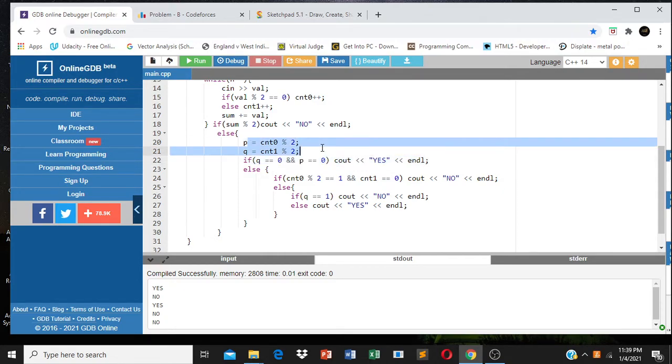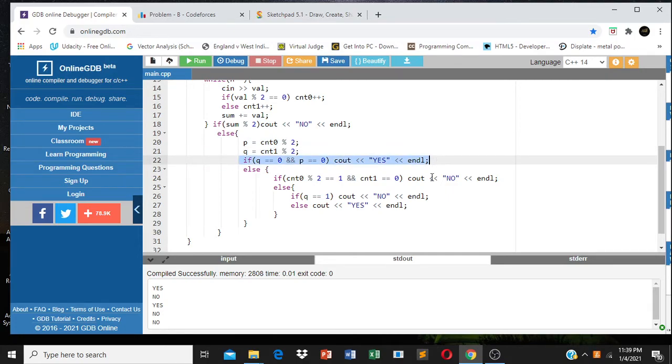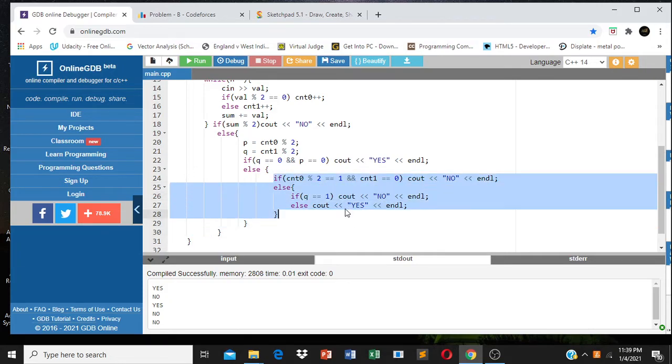If they are both even, then it's possible, yes, somehow I can get two equal weights. If it's not, earlier when I got wrong answer, I directly printed no, but there are some conditions that I need to check, which is this.